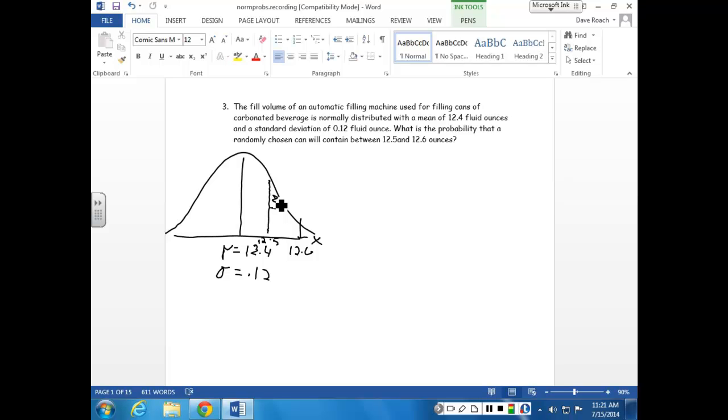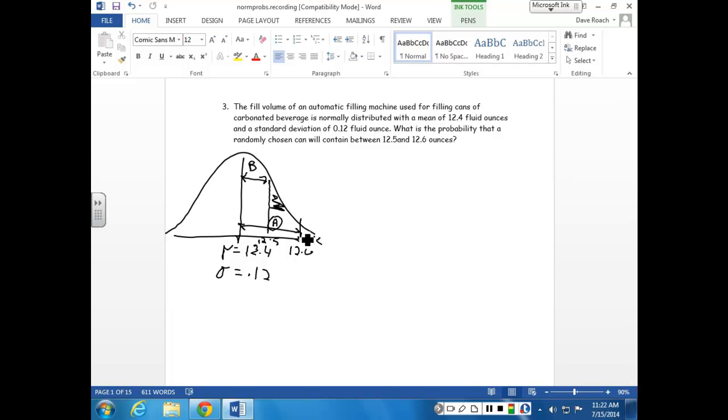So what I have to do is get the whole area from the mean to 12.6. I'm going to call that area A. And then I have to get this area, which I'm going to call area B. And so what you can see is that I'm going to have to take area A from here to here and subtract area B, and that's going to be my answer.